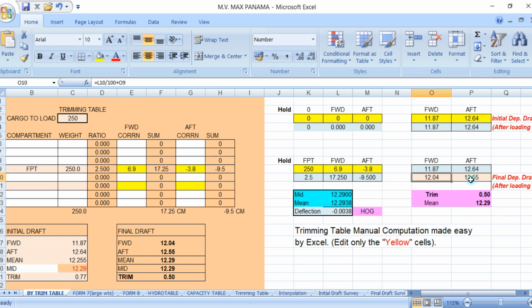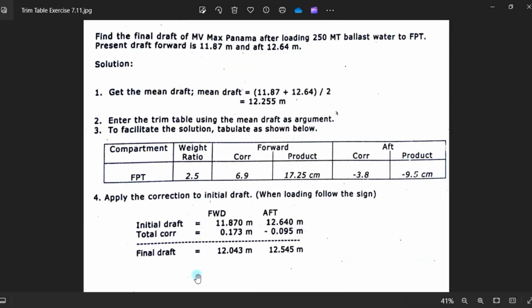And this one, divide this by 100 minus your initial drop, then you will get 12.55. So almost the same, but here you get 12.55, but according to the solution you will get 12.54, so it's just rounded off, so it's the same.